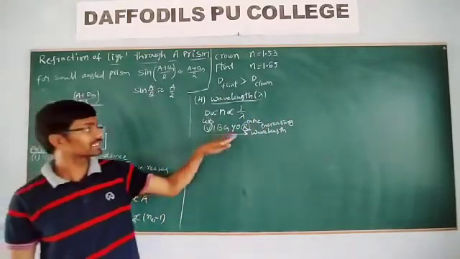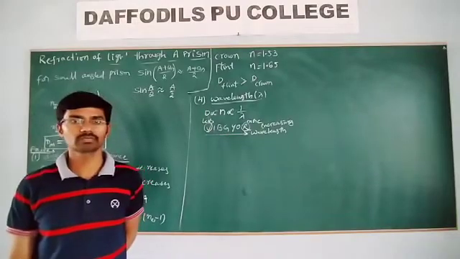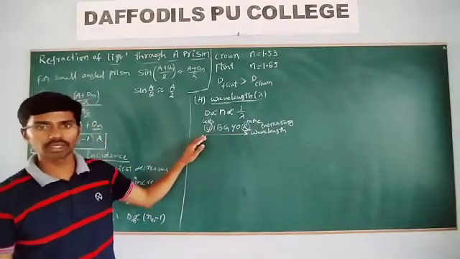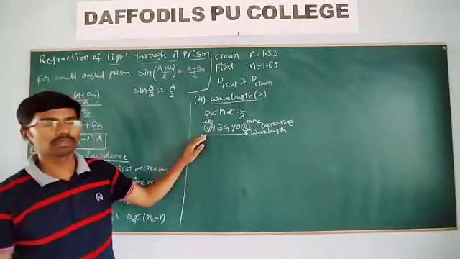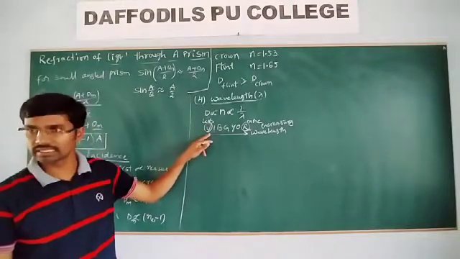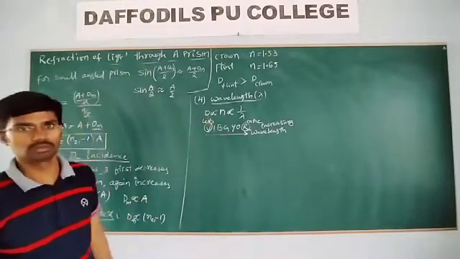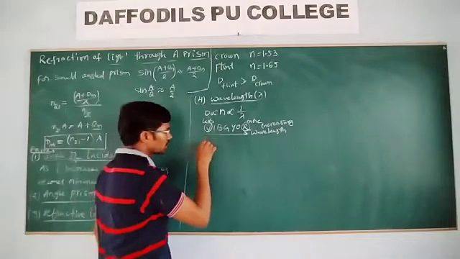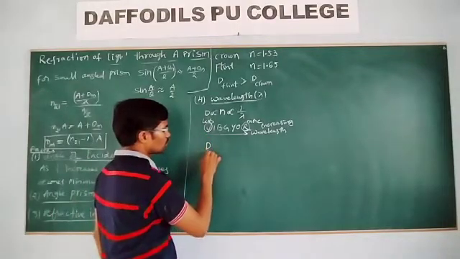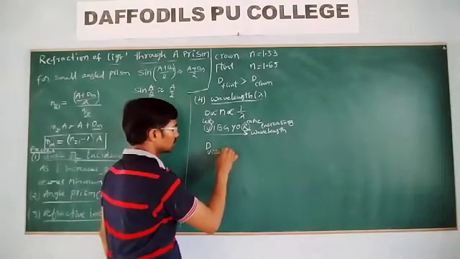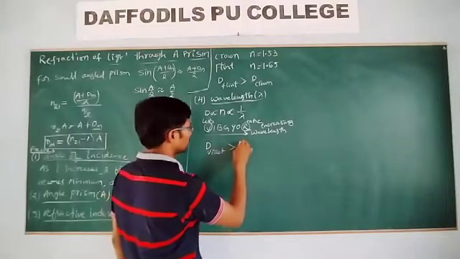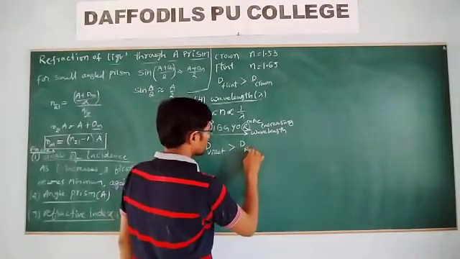Then which color has more deviation? Violet. Why? Because the wavelength is less, so the deviation is more. Therefore, the deviation of violet is greater than the deviation of red.